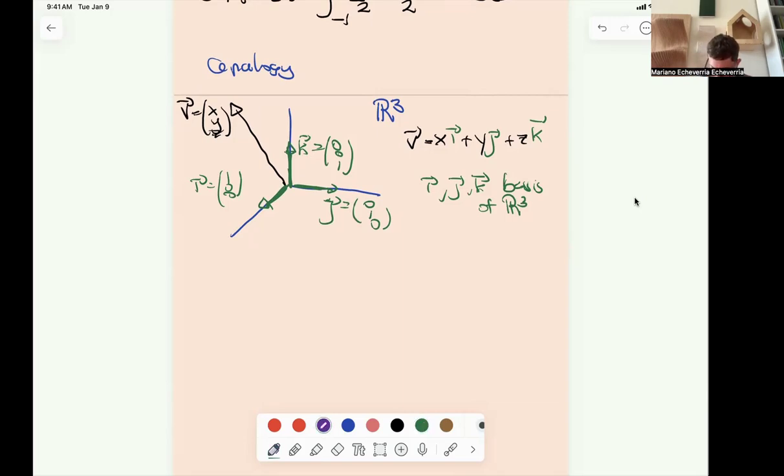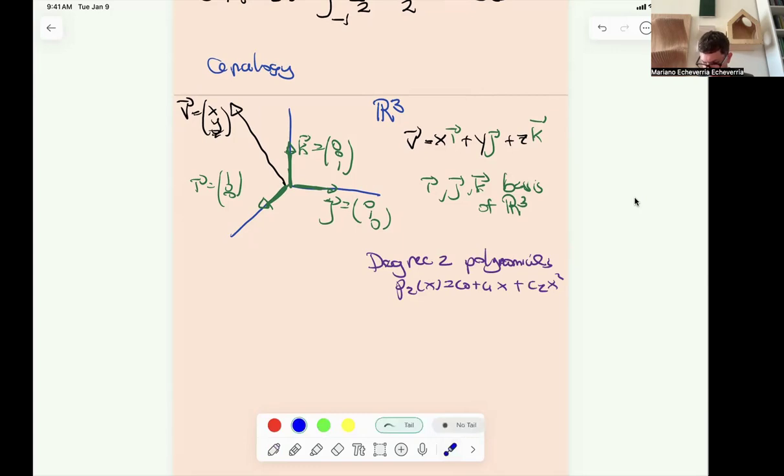So you would take here the degree 2 polynomials. In order to be specified, they require three numbers, so they are in a sense a three-dimensional space.